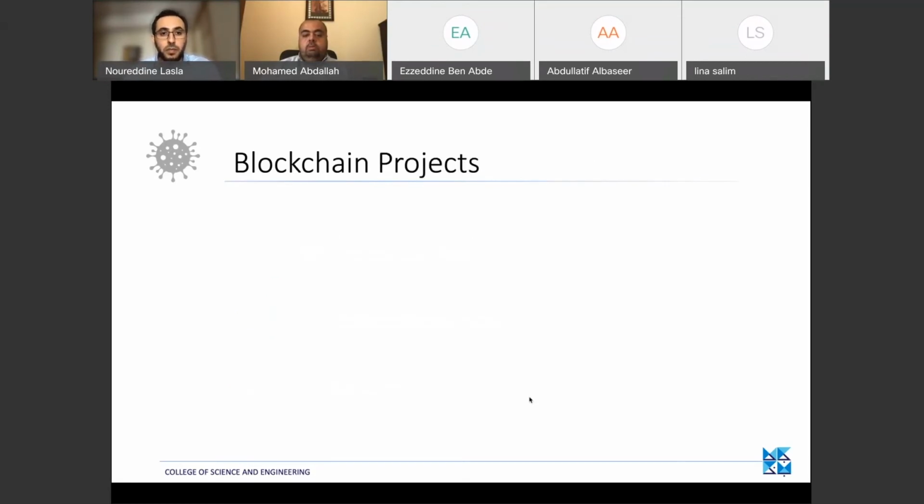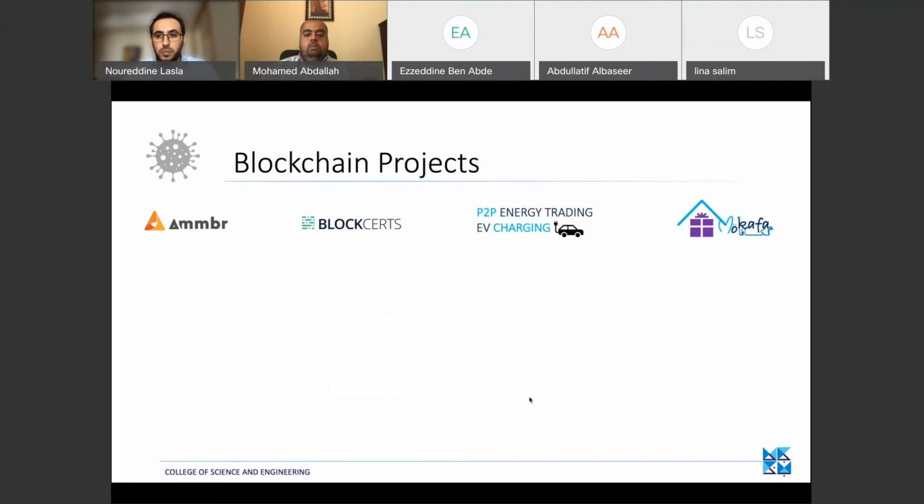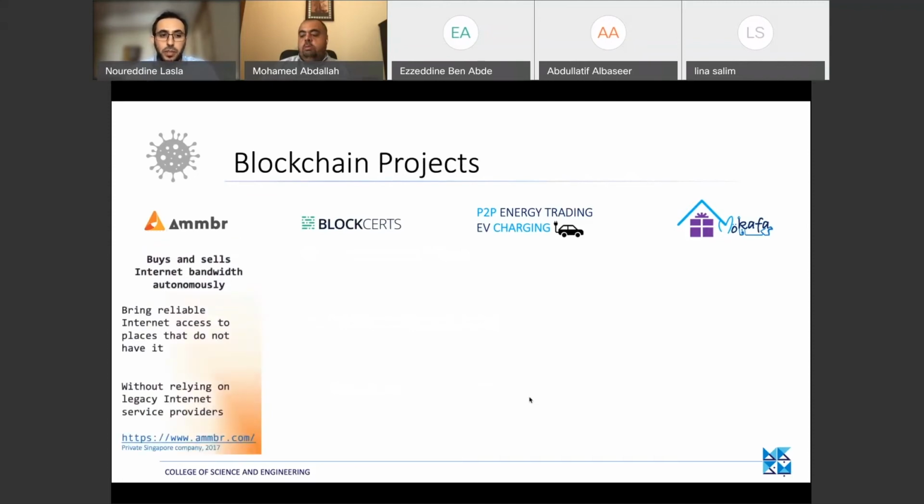So let's now see some examples of important projects. We will present four main projects. The last two are ongoing projects within our division at Hamad bin Khalifa University. The first project is about sharing internet bandwidth between different users in a completely decentralized manner, without relying on any service provider.